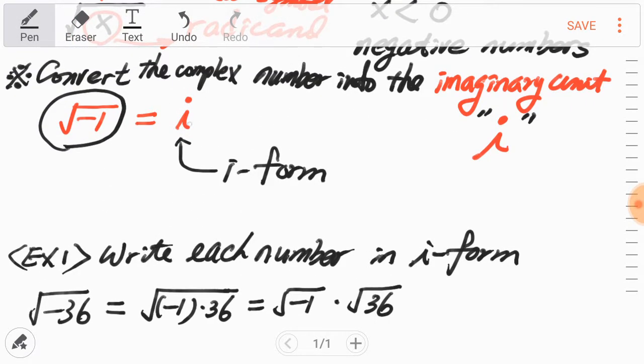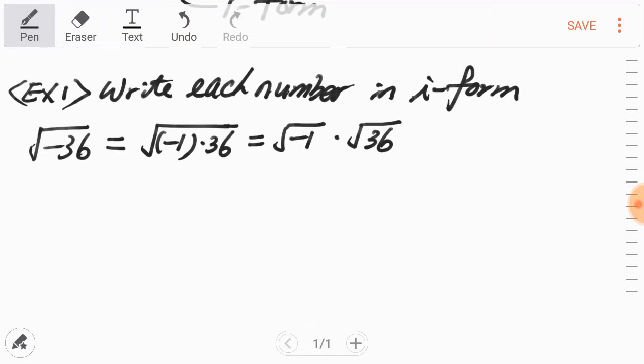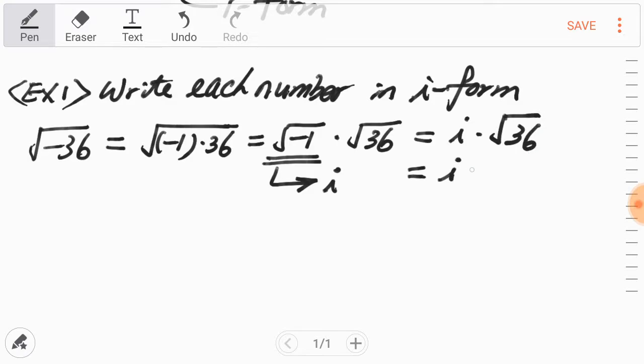So imaginary unit i is the square root of negative 1. So replace this square root of negative 1 with i. So this is equal to i times square root of 36. Then square root of 36 is square root of 6 squared.